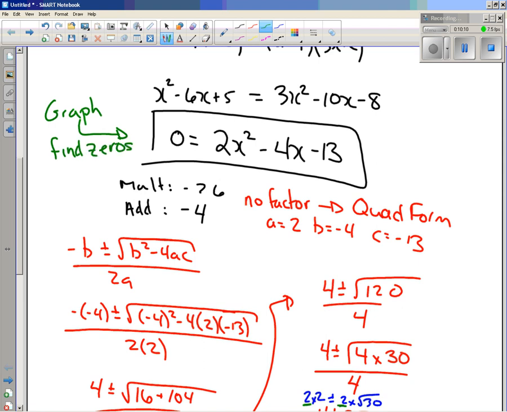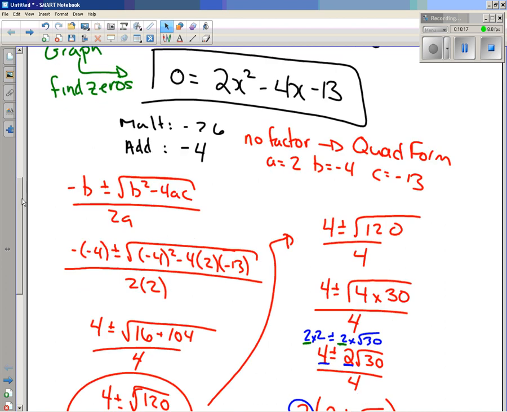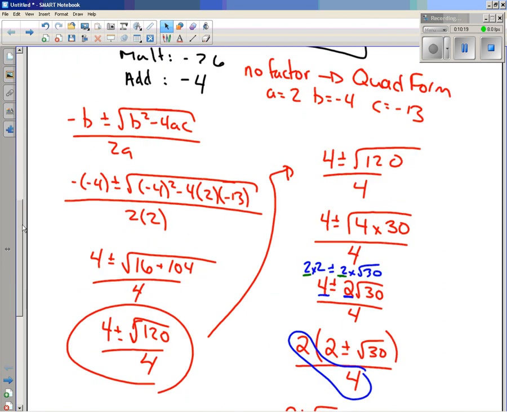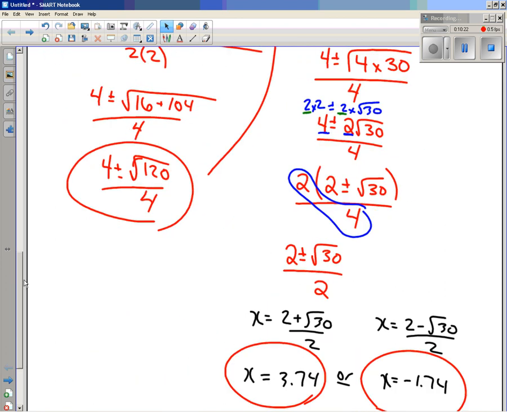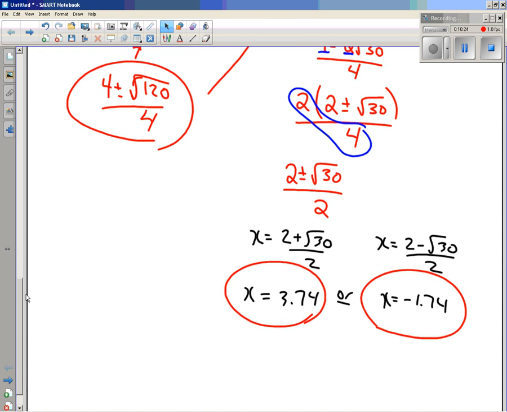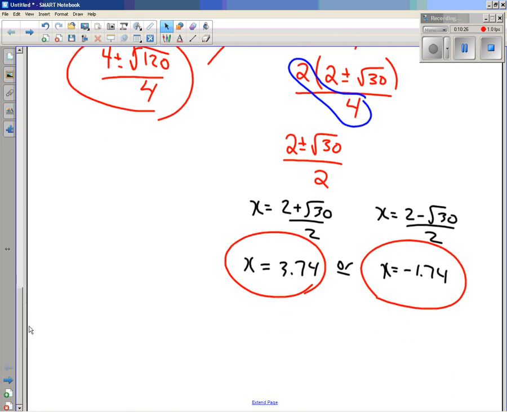But these ones are not super easy graphs, and judging by the zeros that we found down here, I'm going to guess that your graphs aren't going to be accurate enough to find a zero of exactly 3.74 or negative 1.74. So you'd probably be using your graphing calculator, looking at finding points of intersection or zeros from that if you're doing a graph, or you're going to be doing it algebraically using the quadratic formula.